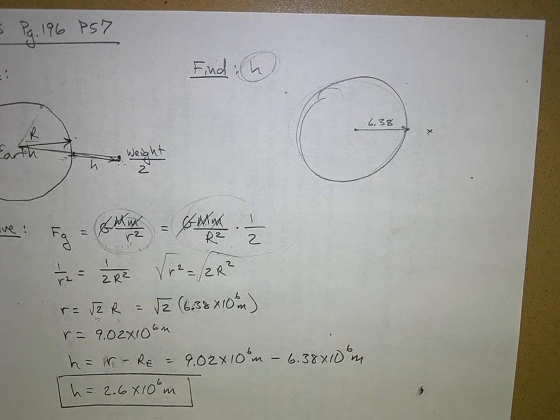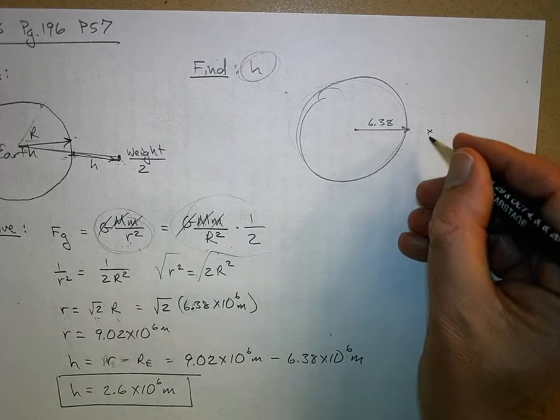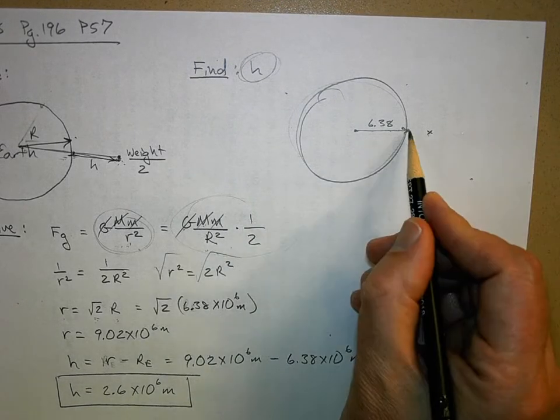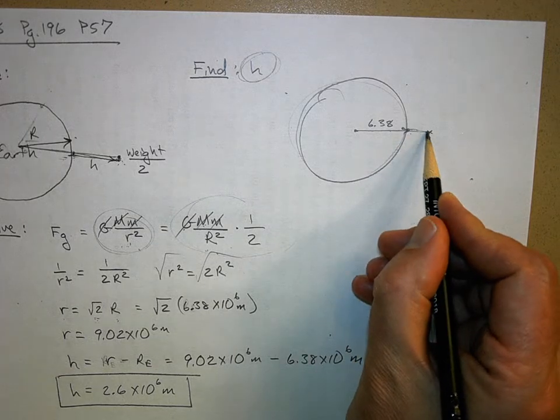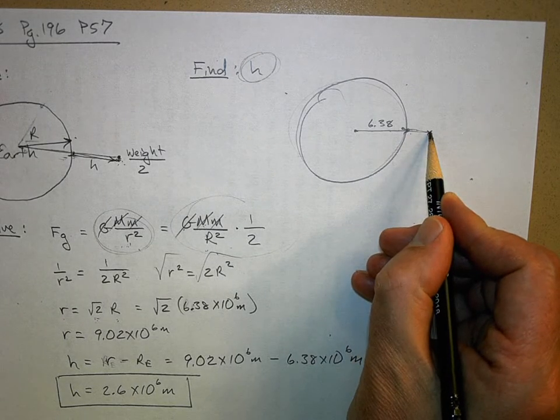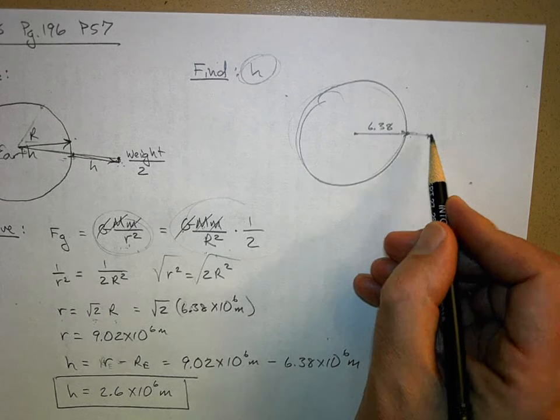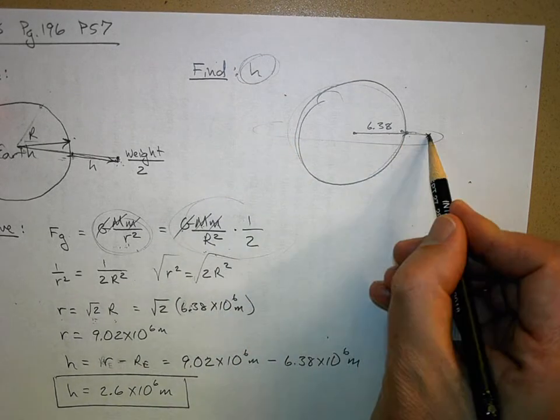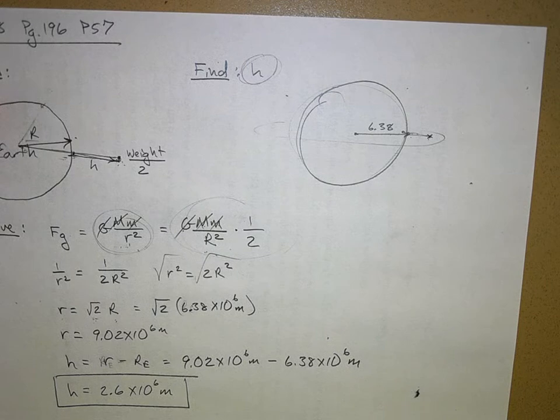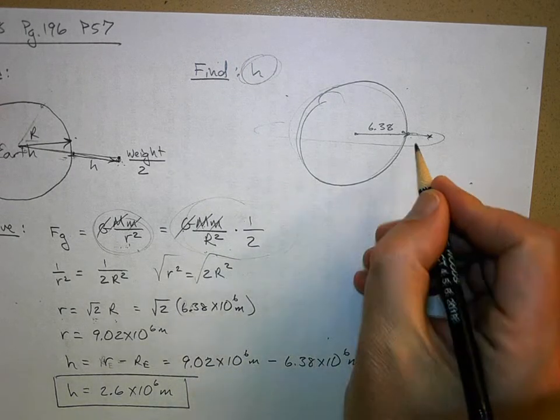Now, of course, you would never do this. You could never build a tower this big where you can stand there and weigh that much. However, the acceleration of gravity, if you're at rest but immediately going to start falling, if your weight is half as much, what's the acceleration of gravity right here?